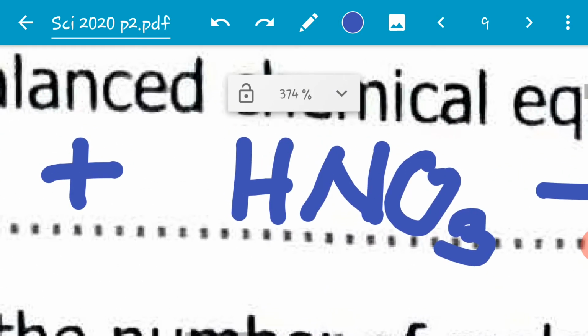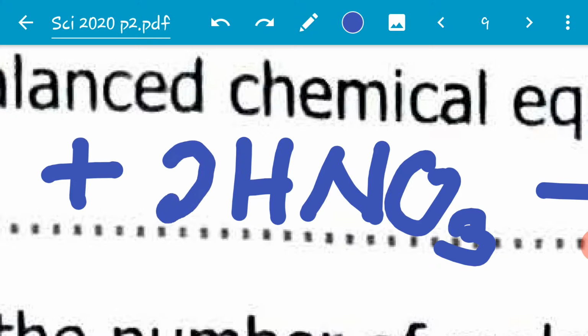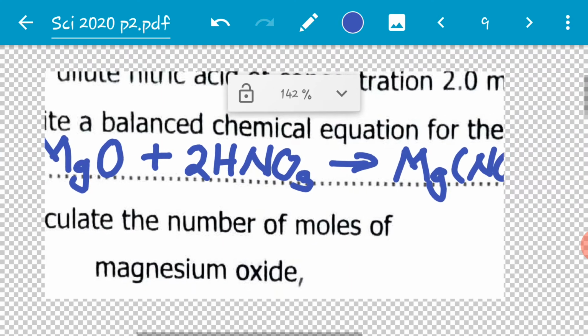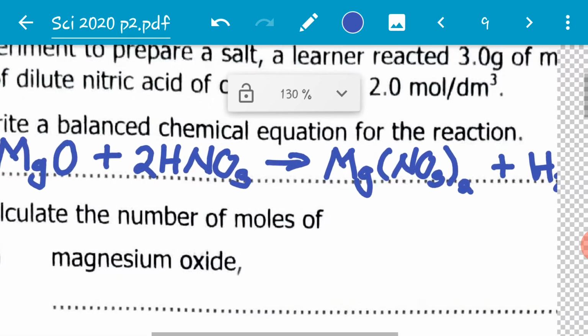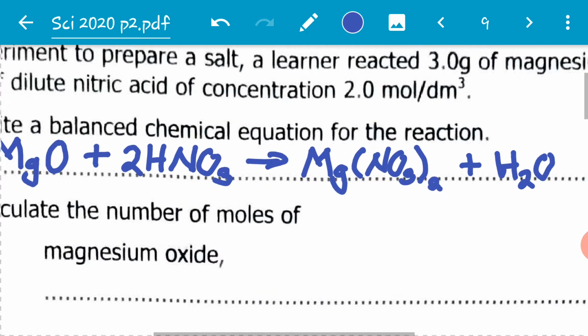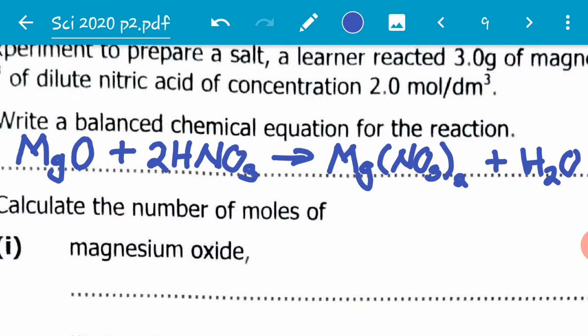So you write a 2 in front of nitric acid so that the 2 multiplies with the 1 nitrogen, giving us 2 nitrogens. That will be our way of balancing the nitrogen. So the nitrogen has been balanced.